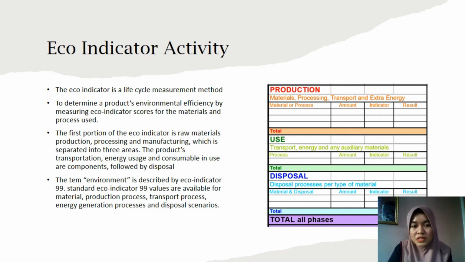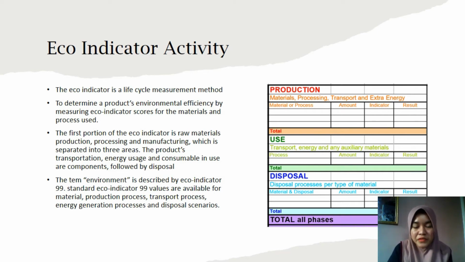The first portion of the eco-indicator is raw materials production, processing and manufacturing, which is separated into three areas. The product transportation, energy usage, and consumables in use are components, followed by disposal.